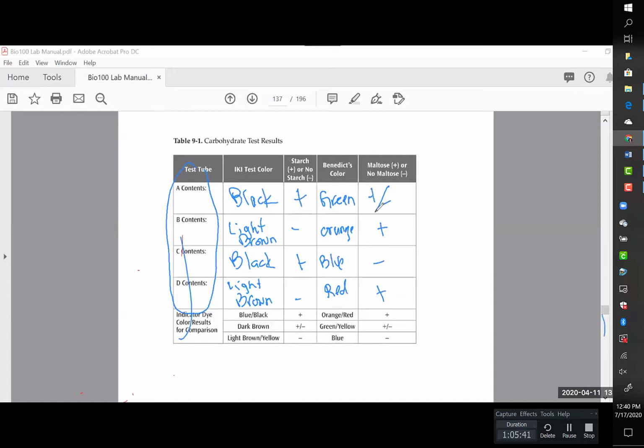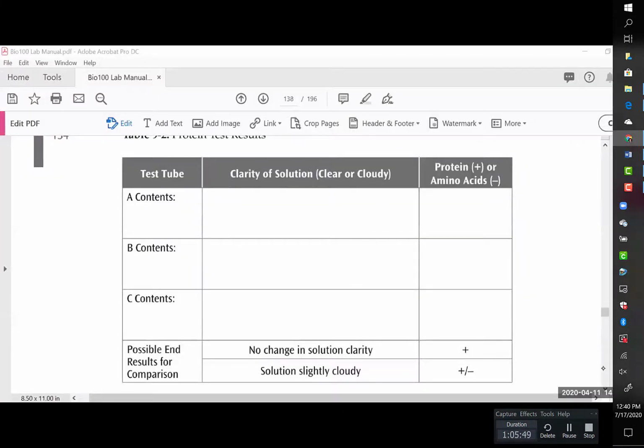If we were to scroll down to the next one, and it's not scrolling for me. All right. So again, for table 9-2, we want to fill out the contents of each test tube. You're going to want to do that. And then in terms of the clarity of our solution, we were clear, cloudy, and then clear.